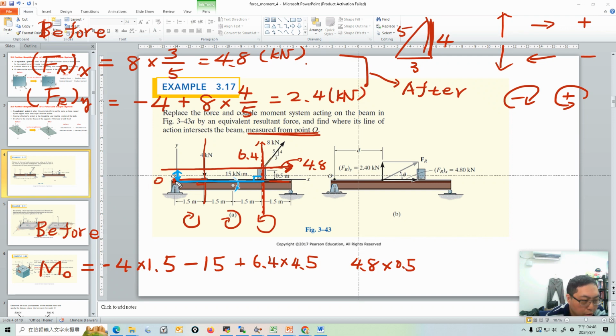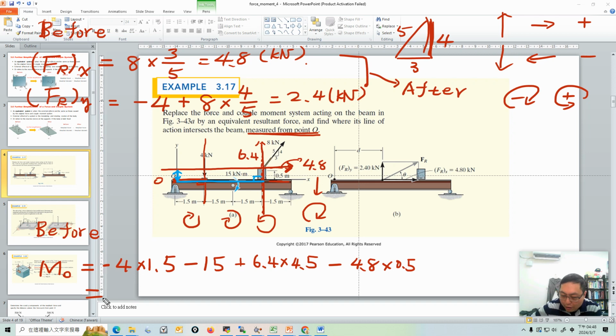Because reference point O is here, the force will generate a clockwise moment. Think about it yourself. If it's clockwise, it's negative. So that's all the moments we have.